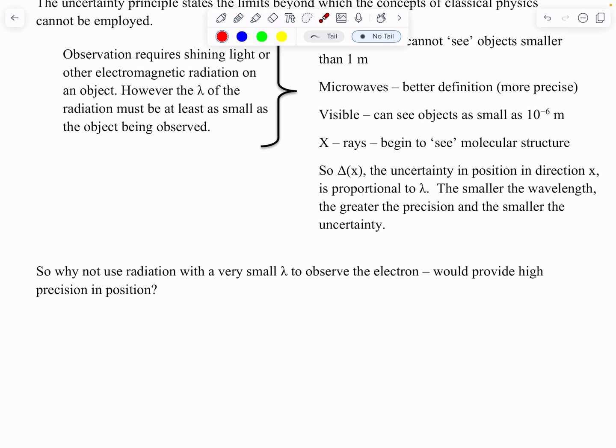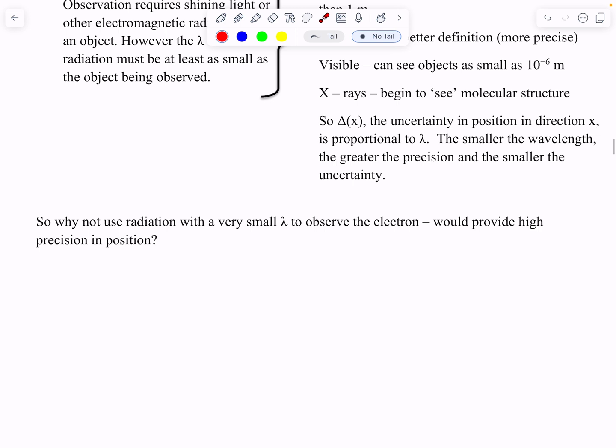Okay, and the problem because, right, if I have an electron here hanging out, there's my electron. We pretend it's a sphere. If I bring in some very high energy light to hit it, right? So lambda is very small.